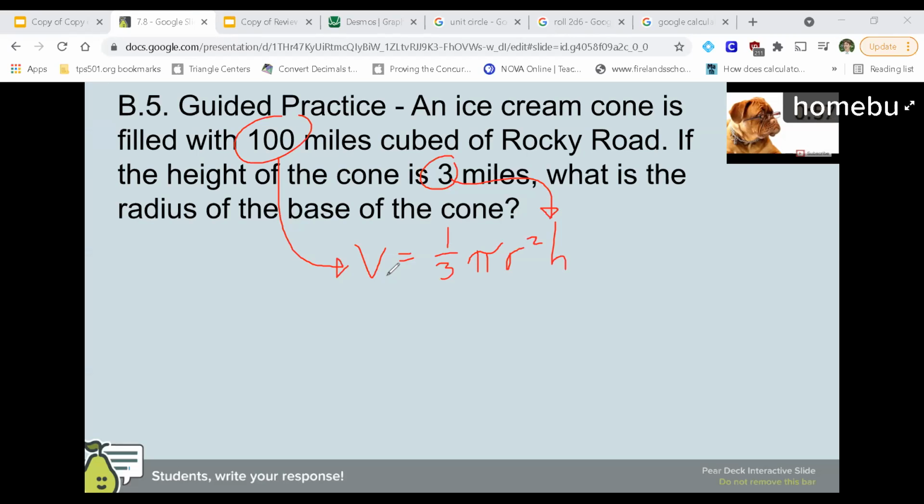First thing I do is... What is it? Change that to this.